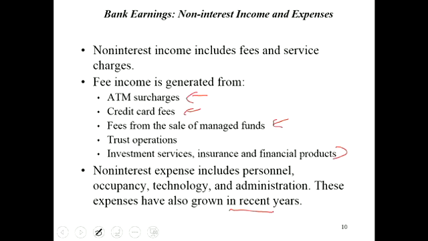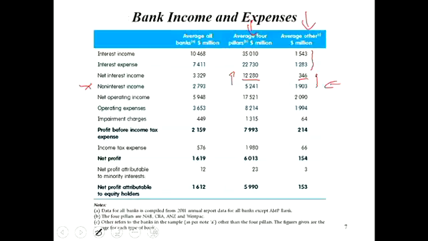And I think if you look back at that table that we had a few slides ago, you'd see pretty much the same thing with those big banks, that the interest expense is very large compared to the other ones. So let's go back and check that out.